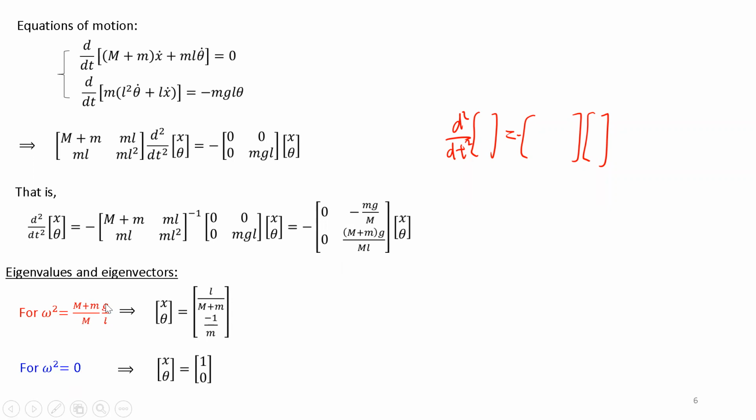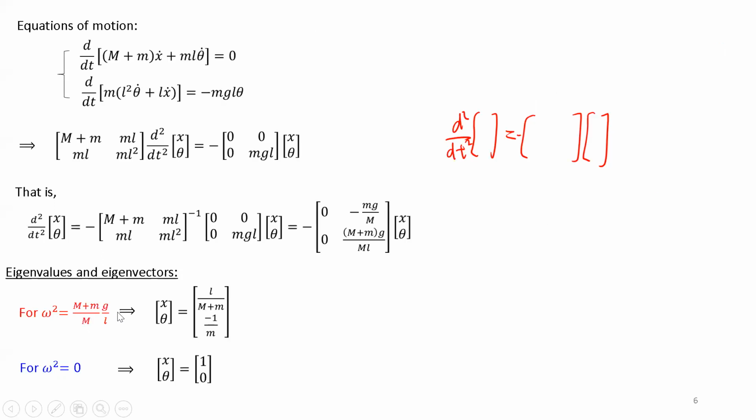This is something that I've talked about in chapter 2 already. Using this eigenvalue, eigenvector formulation, we obtain the same result one more time. Now, what are the physical pictures?